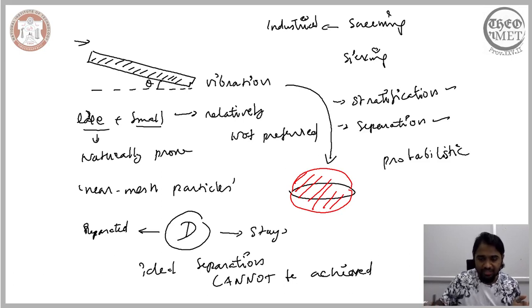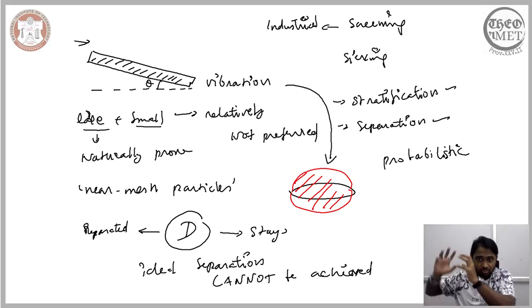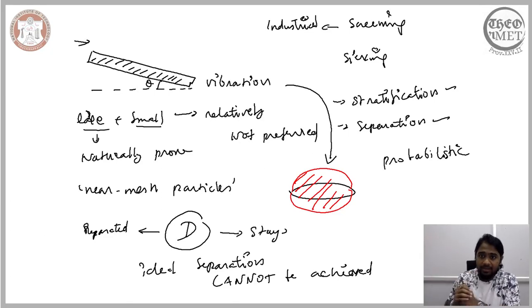So again, we are talking about a screening process that is employed on an industrial scale, and this screening process has two critical features: inclination and vibration. The screening process is established by a combination of two events. These two critical events are random and probabilistic in nature, and because of this, the whole screening process is probabilistic.